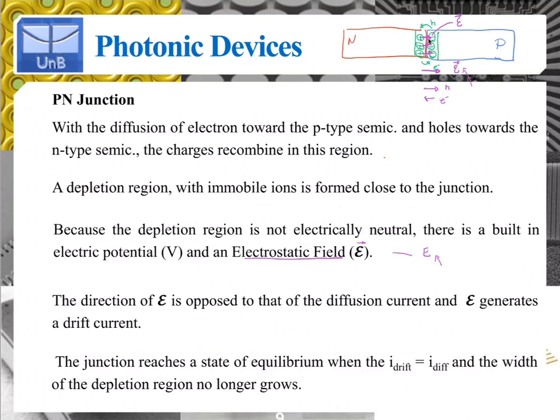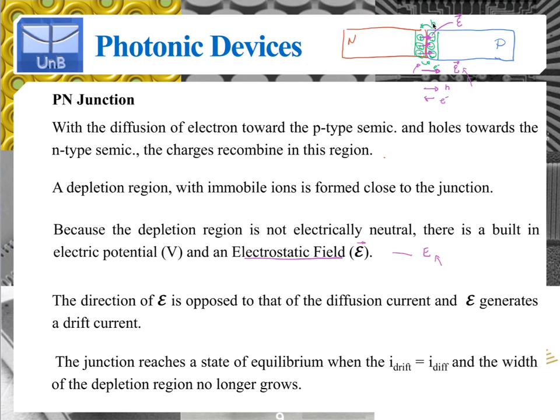This is in opposition to the diffusion current. So due to diffusion, electrons would tend to move to the right, but now this new electric field which arose here will make the electrons move in the opposite direction, and the same thing will happen to holes, right?